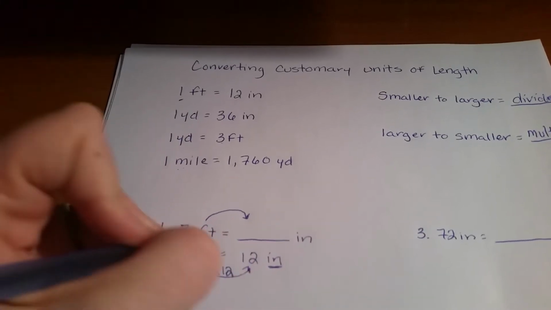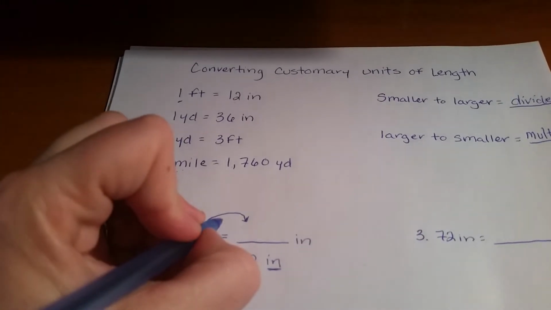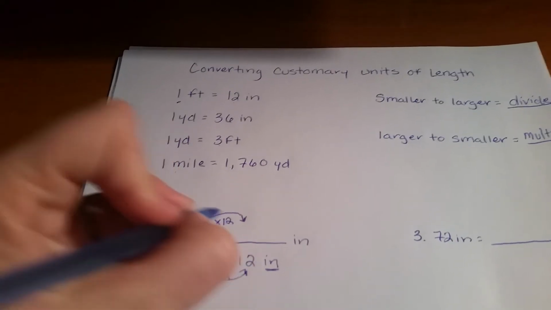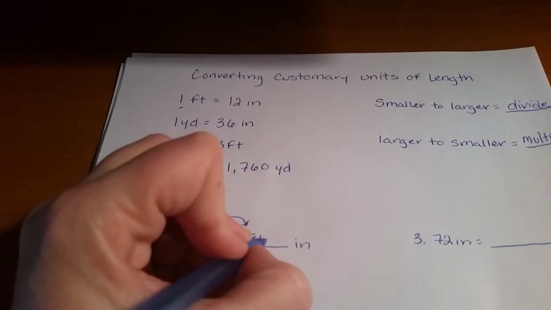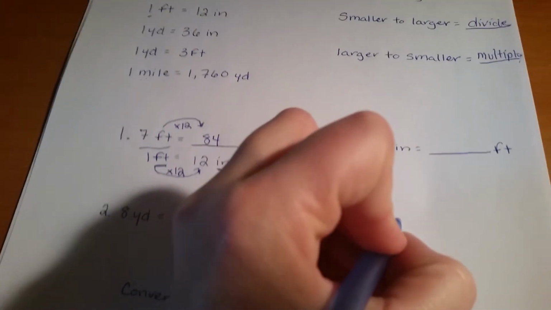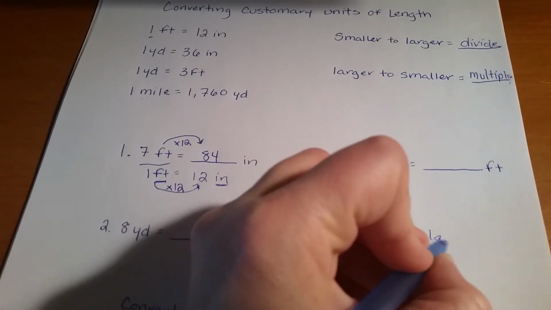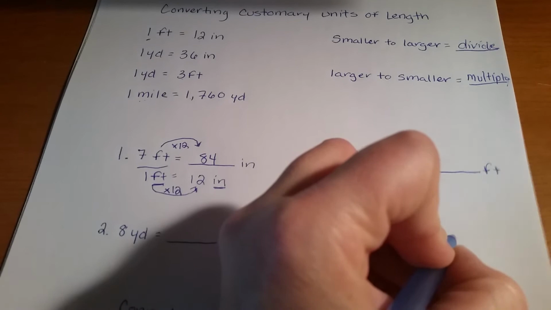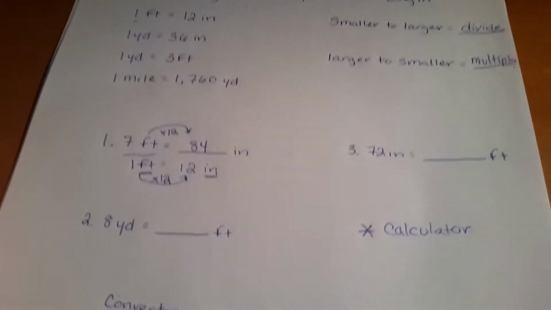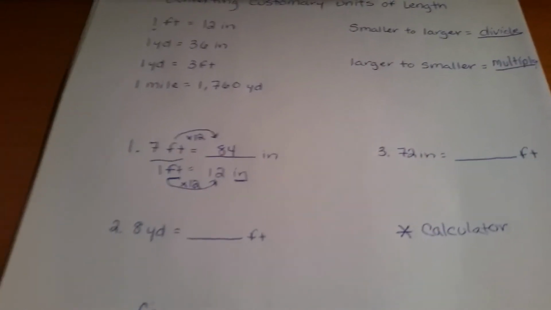So I'm going to do 7 times 12 equals 84. And I can plug that into my handy dandy calculator. For all units of conversion, you are allowed to use a calculator for any converting at all.